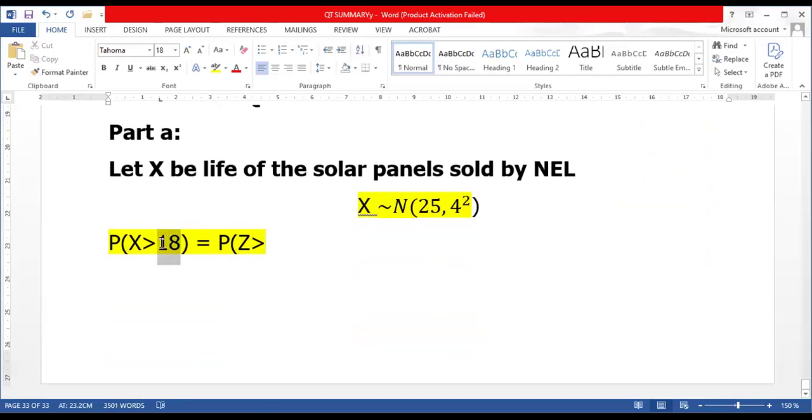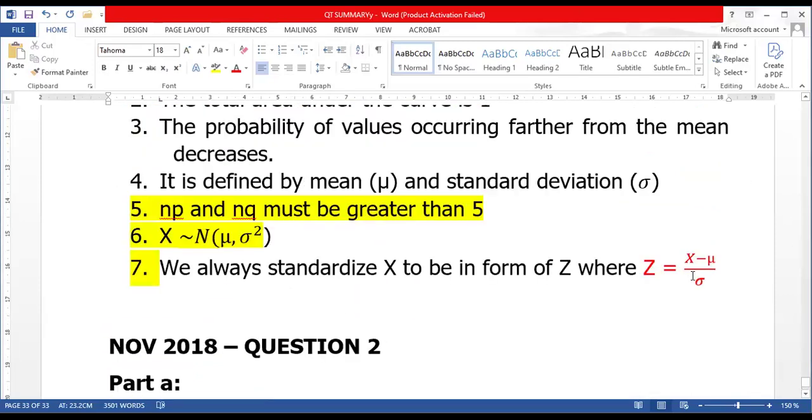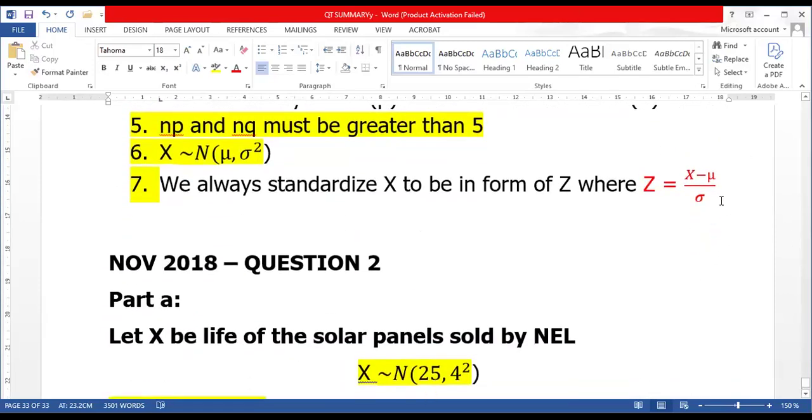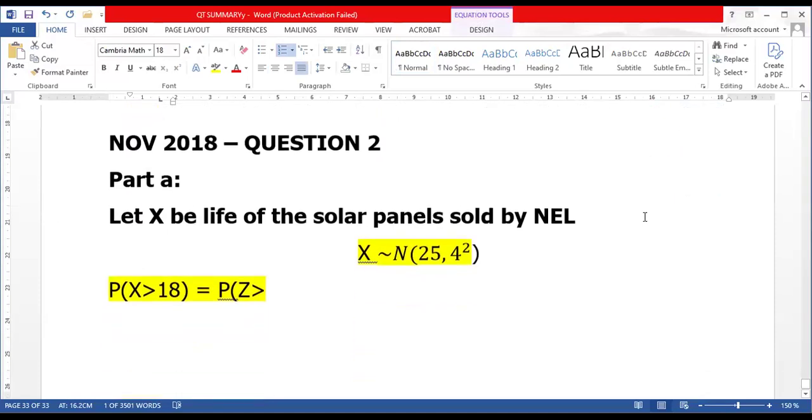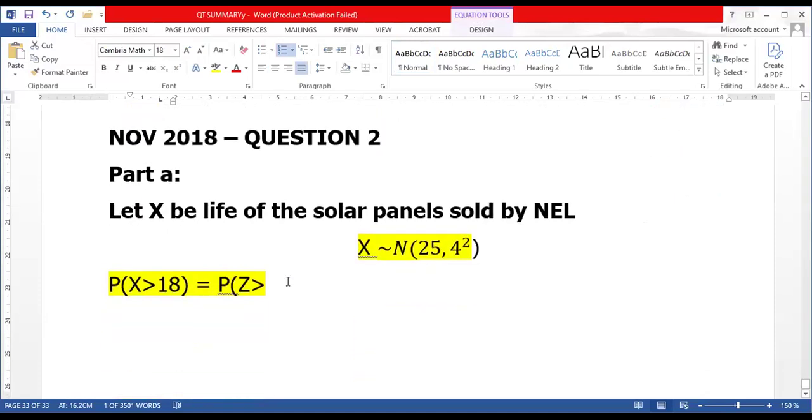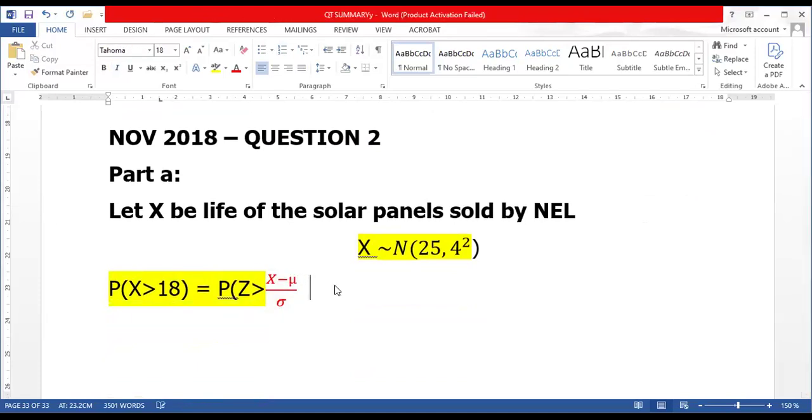When you are standardizing, you will be telling your examiner that from Z is equal to this, where you have 18.